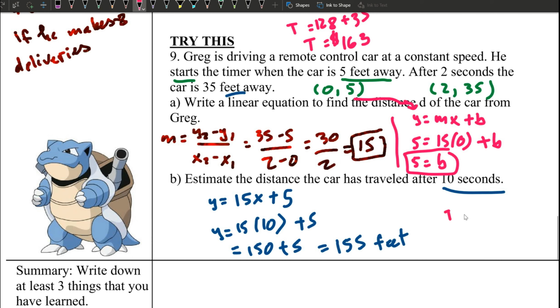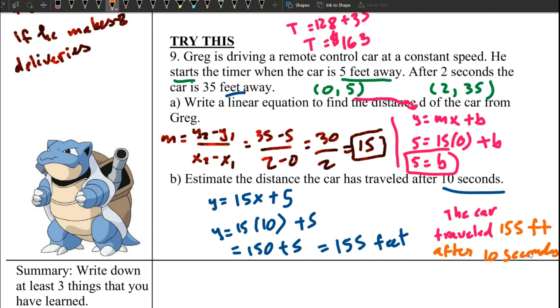So the car has traveled 155 feet after 10 seconds.